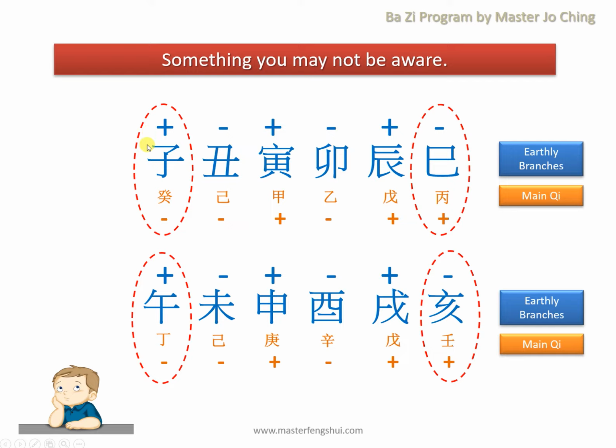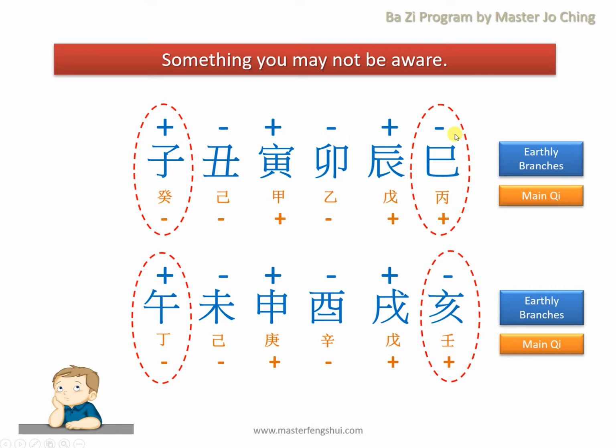In terms of its lineup in the 12 earthly branches, Zi is number 1 in terms of the sequence. Number 1 is an odd number, is yang. Nevertheless, the main qi hidden stem, the Gui, is actually a yin stem. You see, for the rest, Chou, Yin, Mao, Chen, same. Top and bottom, same polarity.